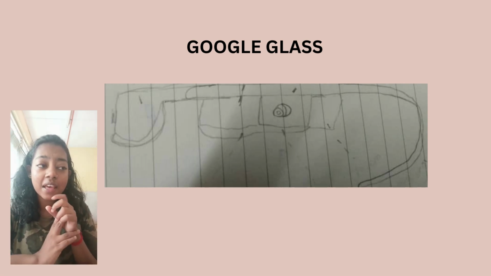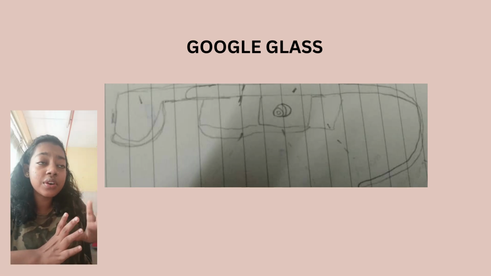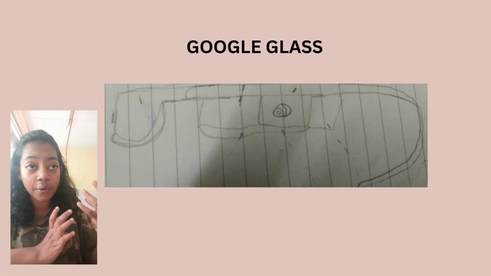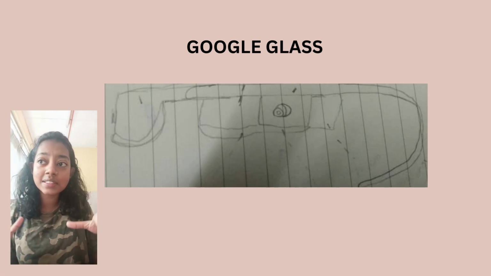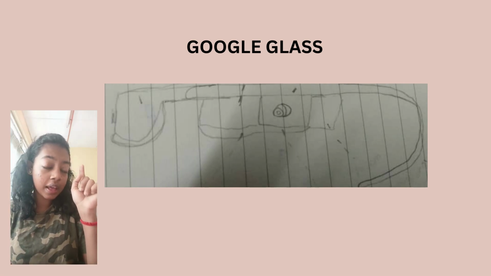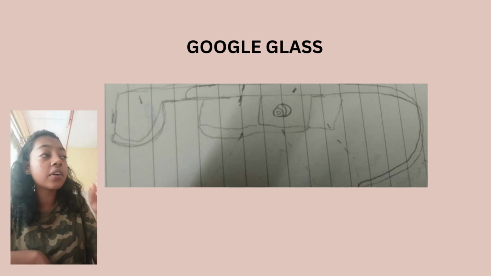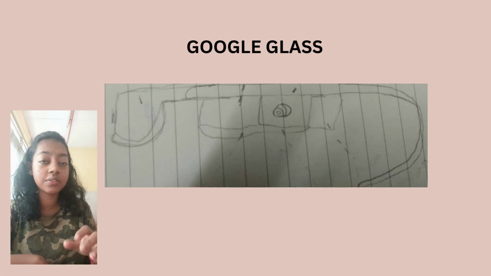The glasses have built-in Wi-Fi and Bluetooth connectivity and a camera for taking photographs and videos. So we don't really have to take out our iPad or phone. Whenever we see something we like, we just have to click on the glassware, and it will automatically take pictures, which is very convenient for the users.